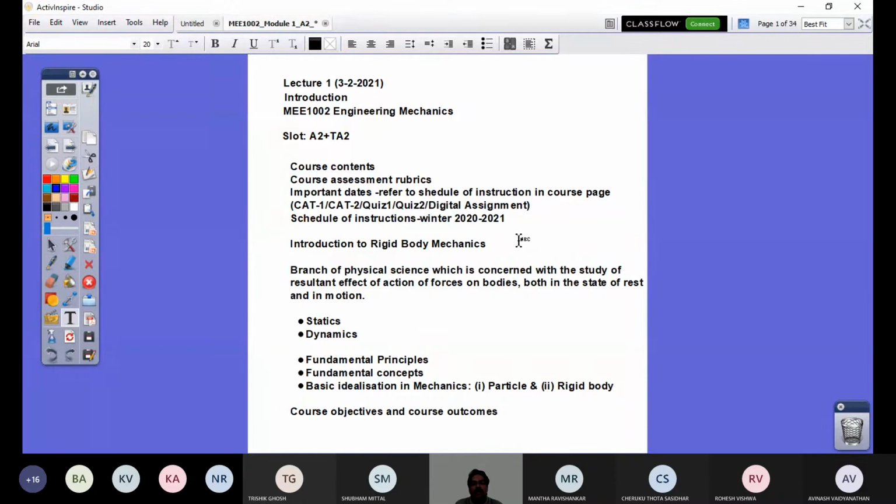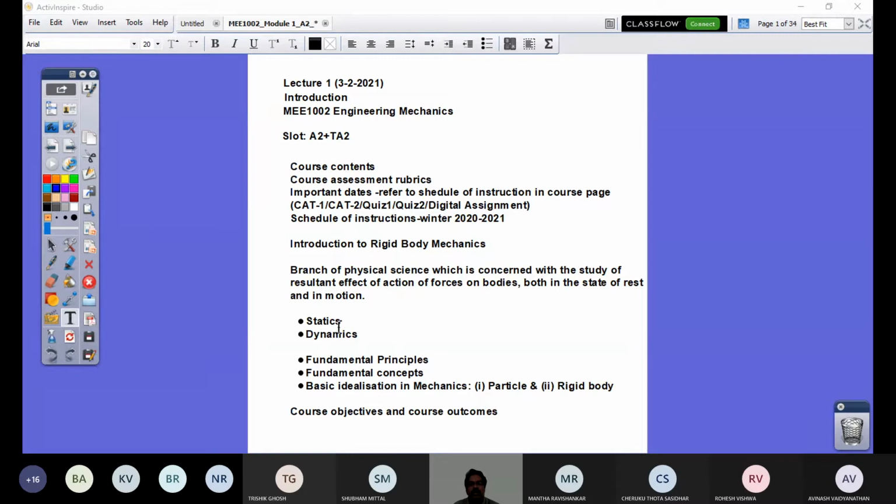What we did was introduce rigid body mechanics. In one statement, rigid body mechanics is the branch of physical science concerned with the study of the resultant effect of the action of forces on bodies, both in a state of rest or in motion.